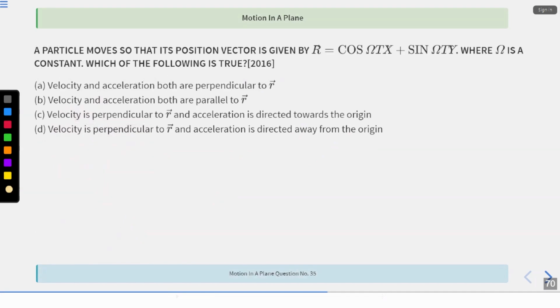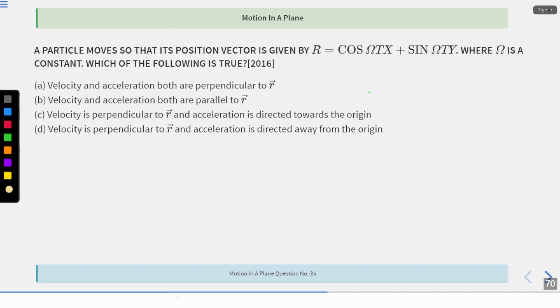The next question is, a particle moves so that its position vector is given by r equals cos omega t x plus sine omega t y, where omega is a constant. Which of the following is true? The options are about velocity and acceleration being perpendicular.